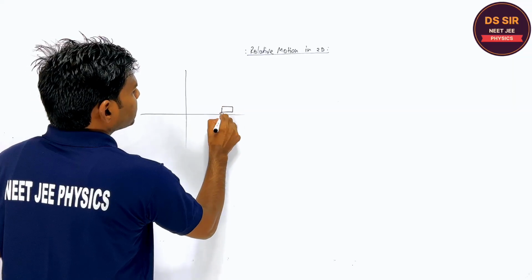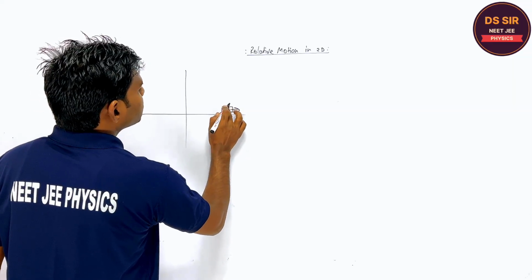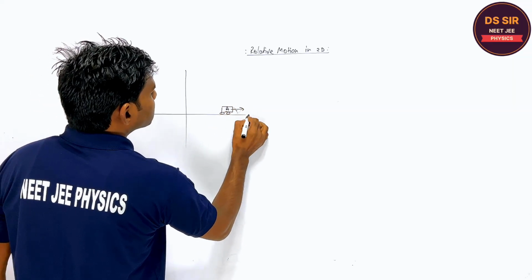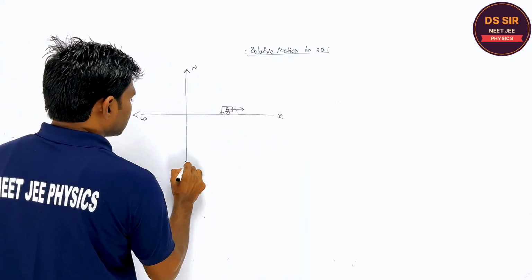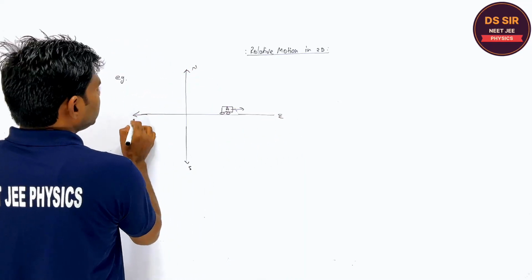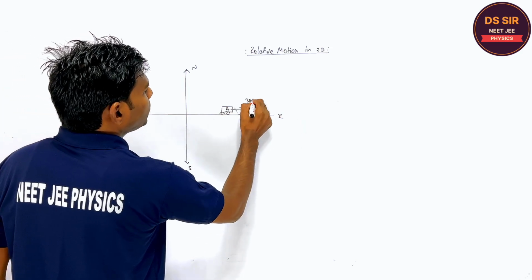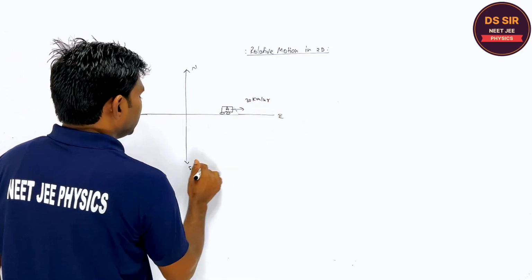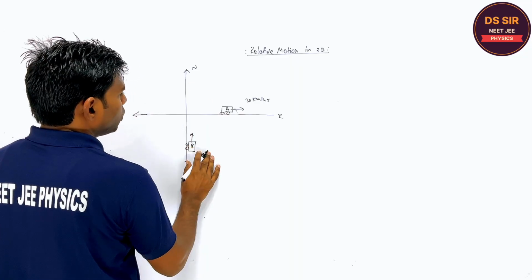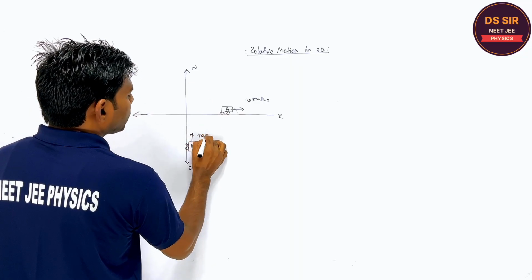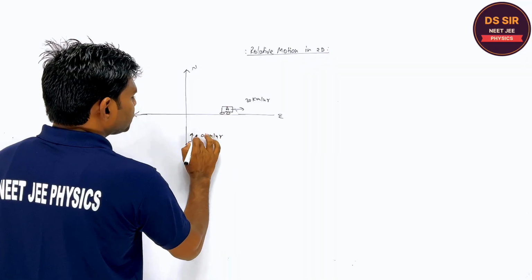Suppose this is the car A. Suppose this is east, west, north, and this is south. So it is moving in the east with 30 km per hour, and this is the car B, which is moving towards north with the speed 40 km per hour. Is it clear or not?